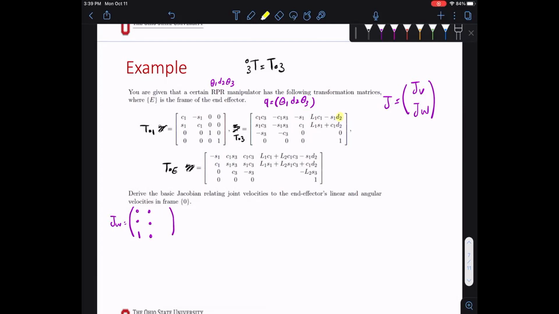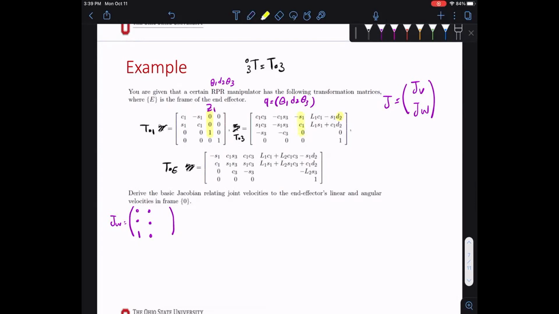Now, how do I find this? This is the axis of the first joint. I have P01. You go here and read this. This is the axis of that rotation matrix, the Z axis. So that's your Z1.